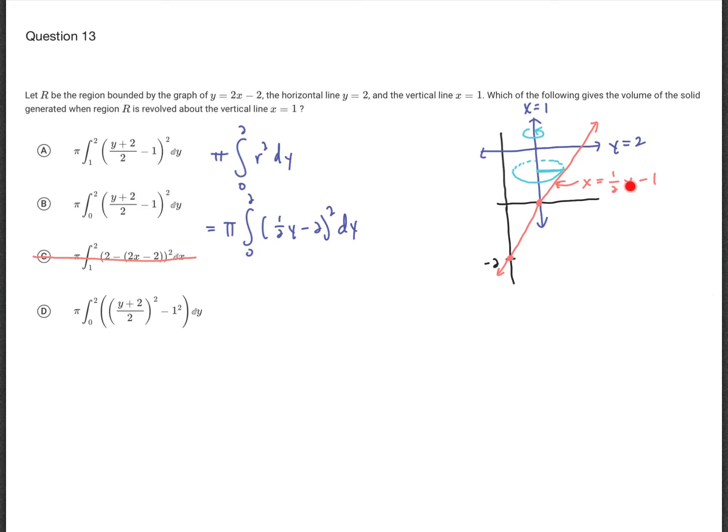Oh, this should be a plus. Sorry, let me fix this since I didn't see those answer choices. Okay, so if we solve this for x, it'll be y plus 2 over 2.